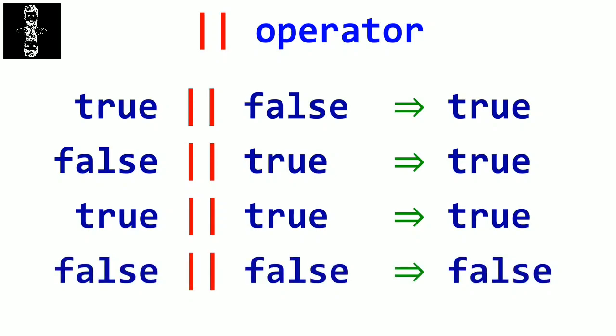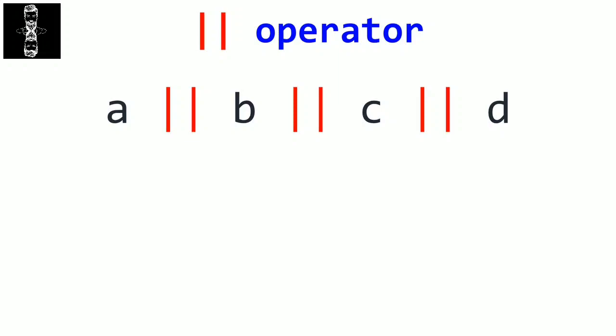This is why we accept the case when both of them are true, not like in the English language. We can evaluate more than two statements as we did with AND operator. For that, we put an OR operator between each two statements. So the machine will evaluate statement by statement and will return true when it finds a true statement because it's enough.